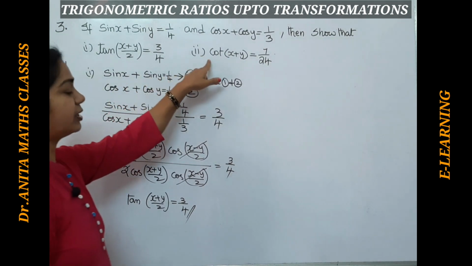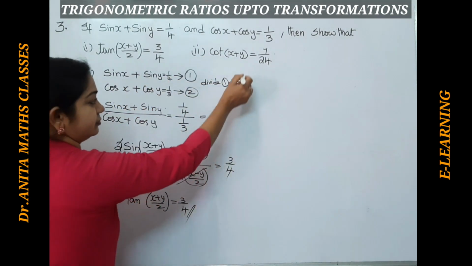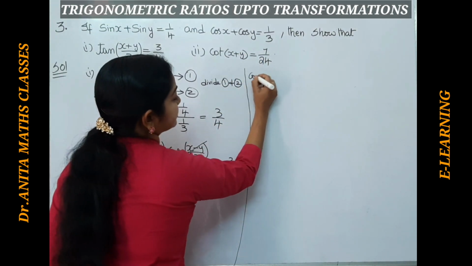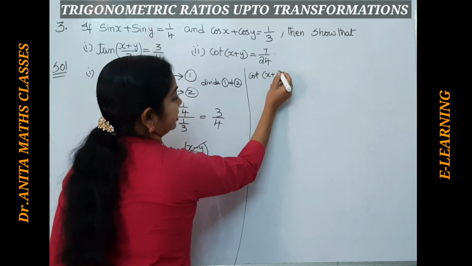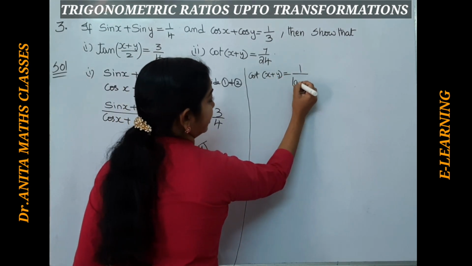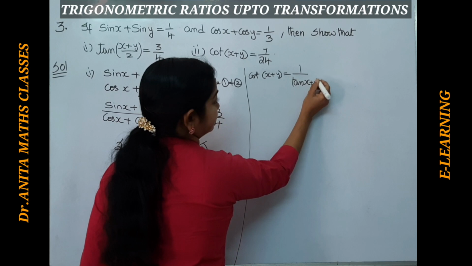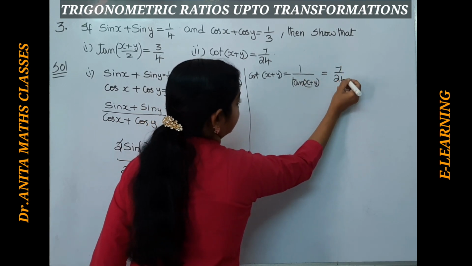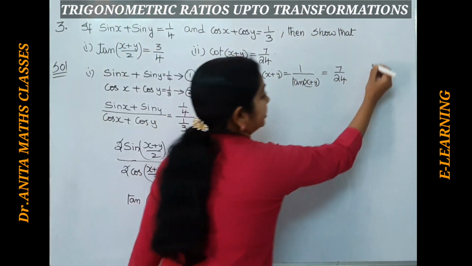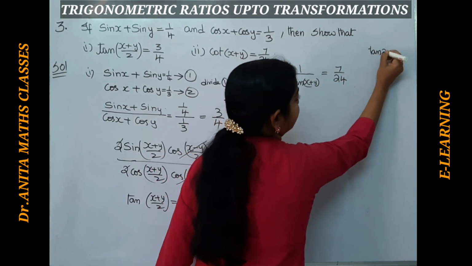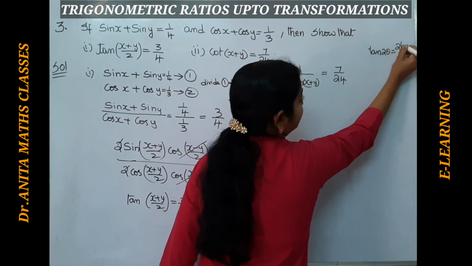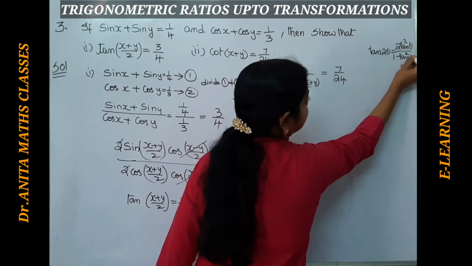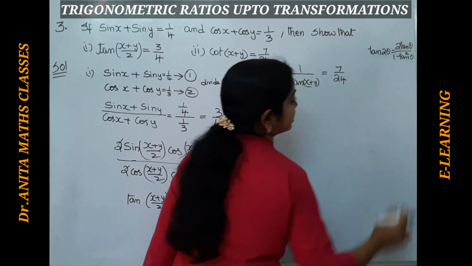The second part is cot of x plus y. So we'll start with this. Cot of x plus y we can write in the form of 1 by tan of x plus y, equal to 7 by 24. Now we know the tan 2 theta formula: 2 tan theta by 1 minus tan square theta.